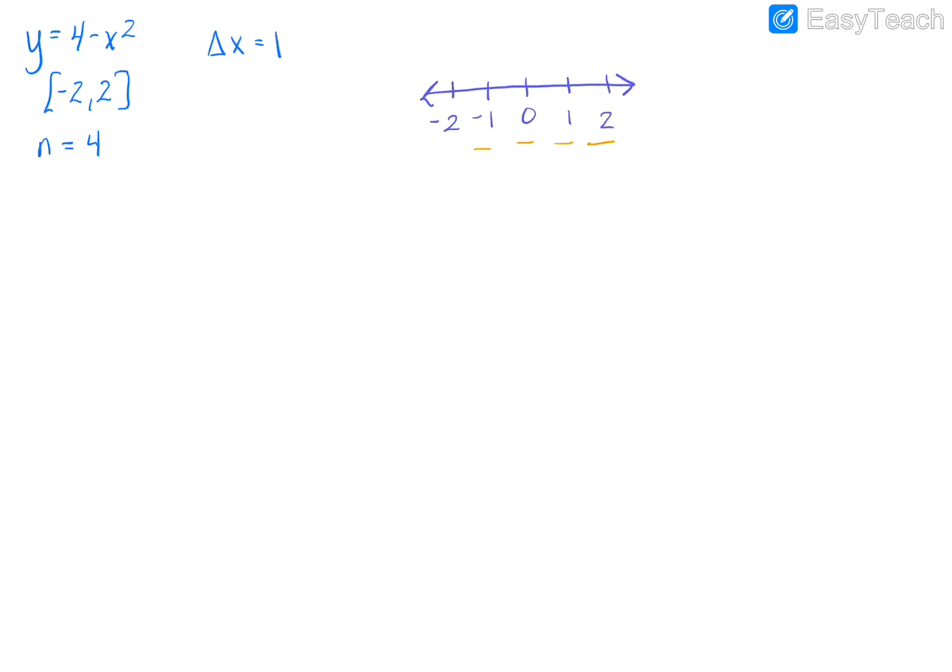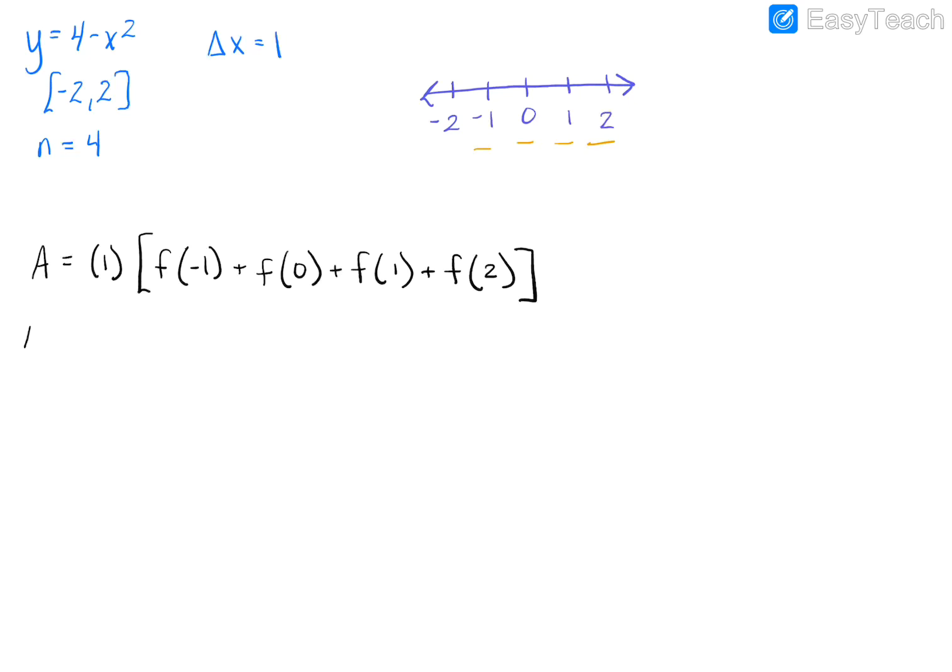Once again, we've actually computed the values for -1, 0, and 1 in the previous left endpoints. So what our area is going to look like is area is equal to delta x, which was 1, times f of -1 plus f of 0 plus f of 1 plus f of 2.